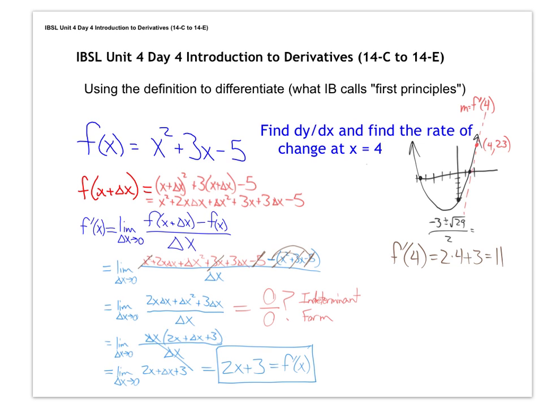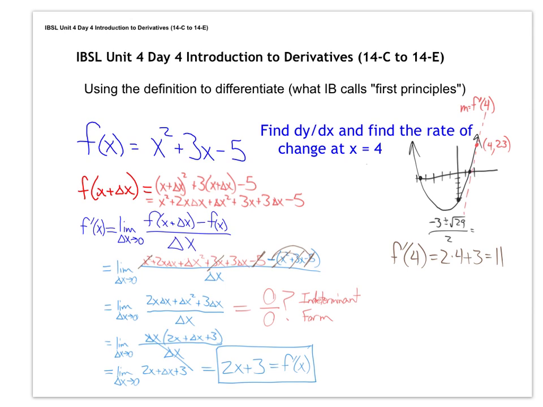There are a couple applications. We're going to look at these here in the near future. But at this point, since I know the slope of the tangent line and I know the point of tangency, I could use point slope form now and find the equation of that tangent line. You all with me? That make sense?